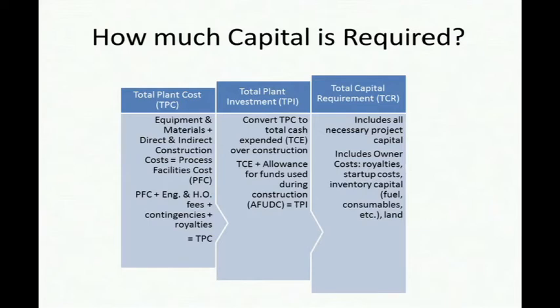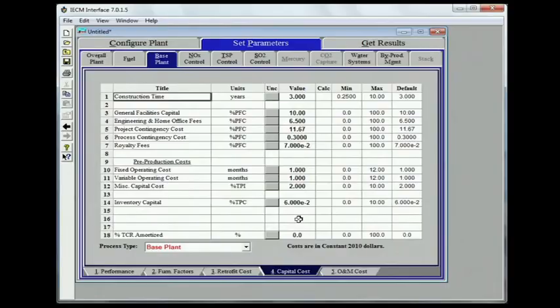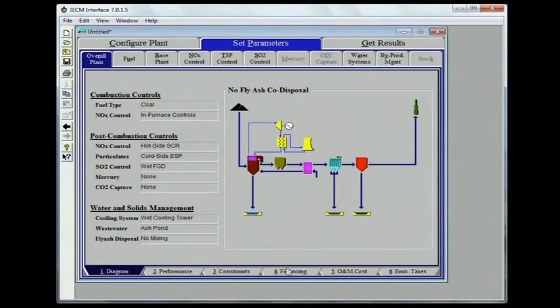Allowances for funds used during construction and interest accrued over the time horizon are then added to the total plant cost to yield the total plant investment. Lastly, the remaining project capital, such as owner's costs and consumables inventory, are added to arrive at the total plant requirement for the project. Let's turn our attention to the Overall Plant tab and then select the Financing tab.